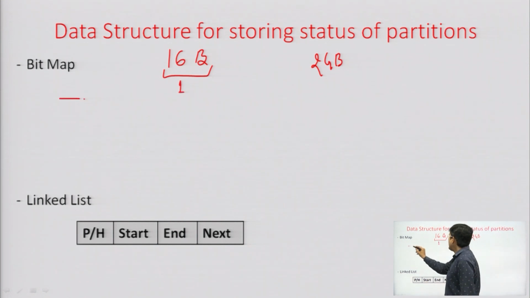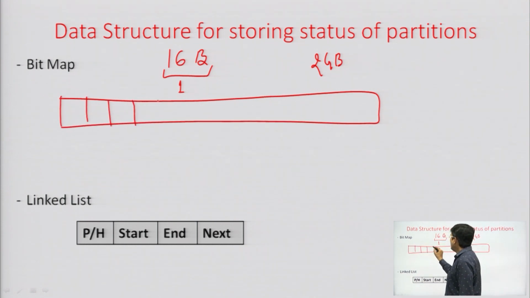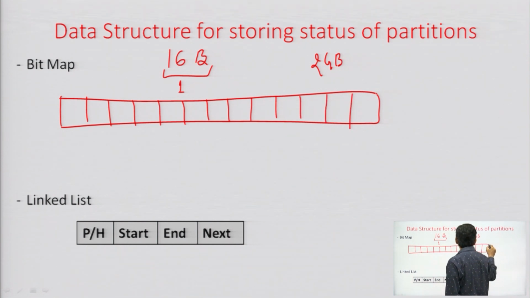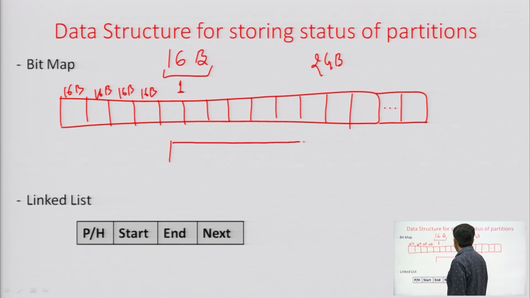So I consider that the main memory is divided into blocks of 16 bytes, and the status of each block is maintained in the bitmap.